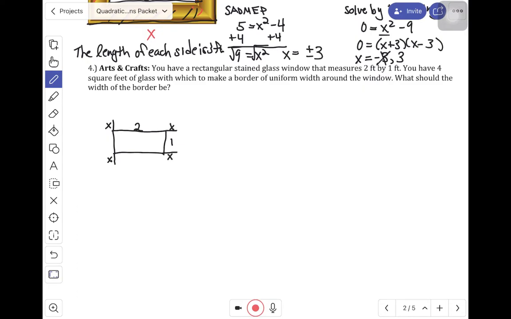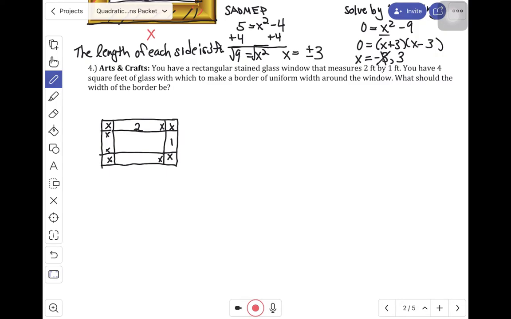And that unknown length that we're adding on each time is x. So if I add this border to the top and bottom and the sides, I'm adding on x each time. So if I connect these, what we see is that I have a border. I tried to make it as scale as I could, but I've added on x in all directions.